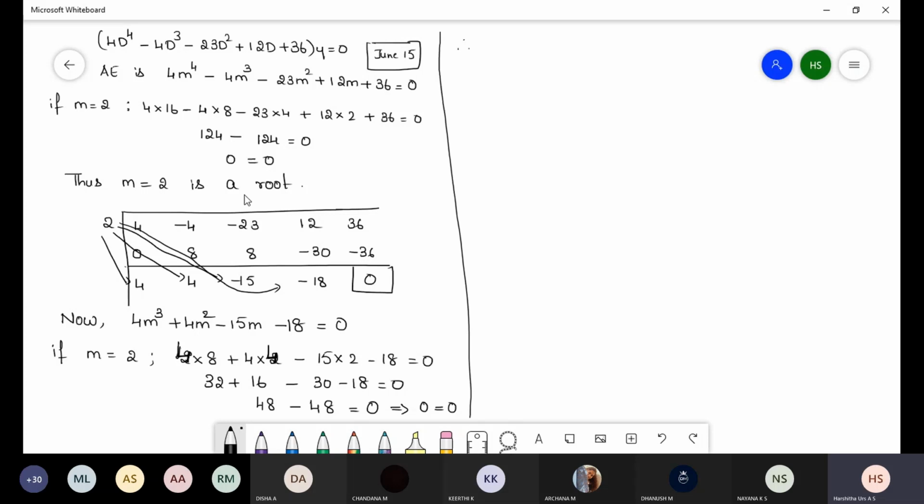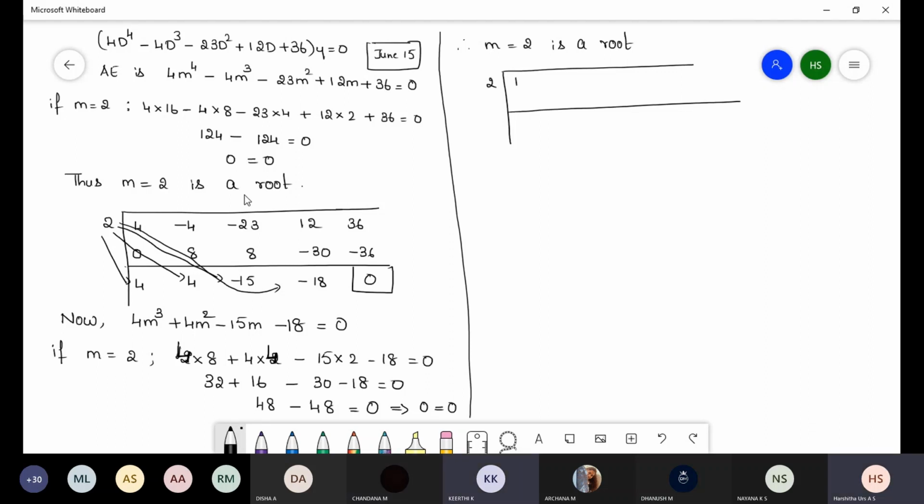Therefore, m equal to 2 is a root. Again use the synthetic division. Here I will write 2. What shall I write here? First term. What is the coefficient of m cube? 4.